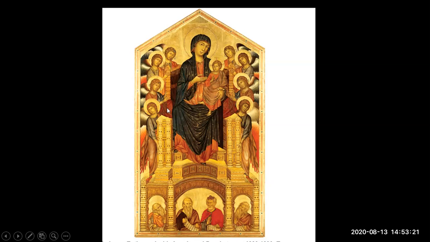This is referred to as tiering, as far as a design term goes. But when you look at this, you'll notice that the angels, as they go back in space, don't get any smaller, right? Which they should. As they recede in space, they should get smaller, and the angel that's closest should be larger. So right there, that's sort of defeating the depiction of space.